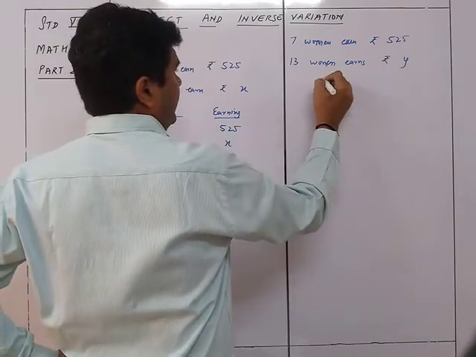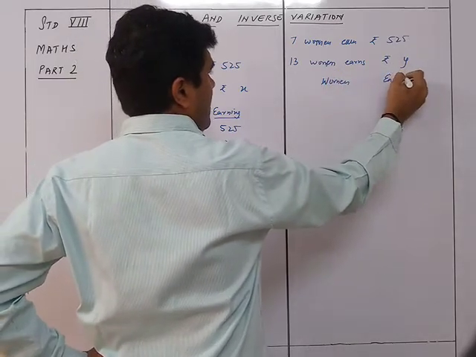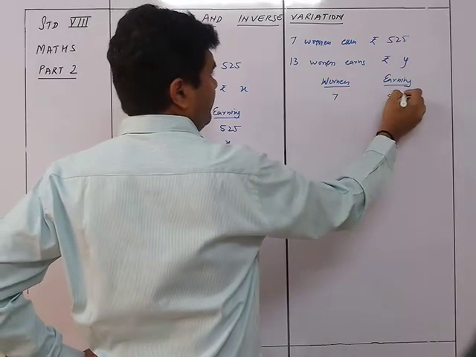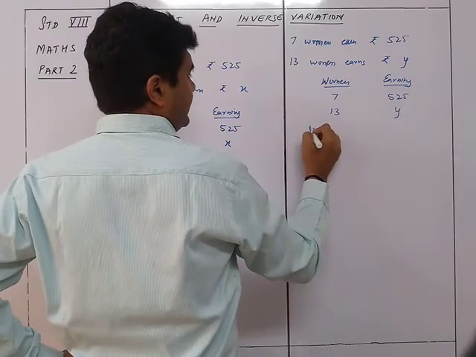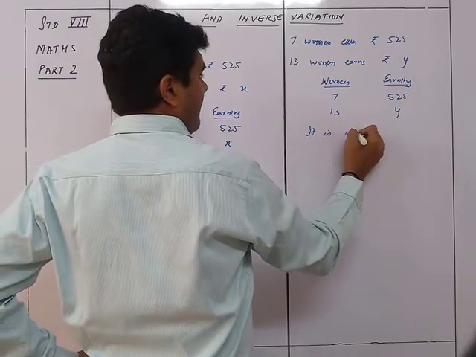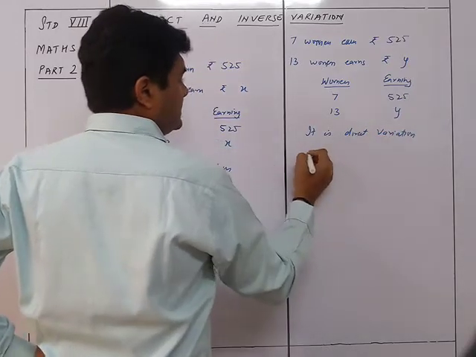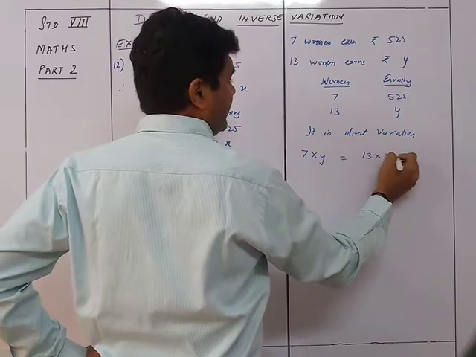So again the same way, women, earnings. 7 is 525. So 13 will be y. So again it is direct variation. So we have over here 7 into y is equals to 13 into 525.